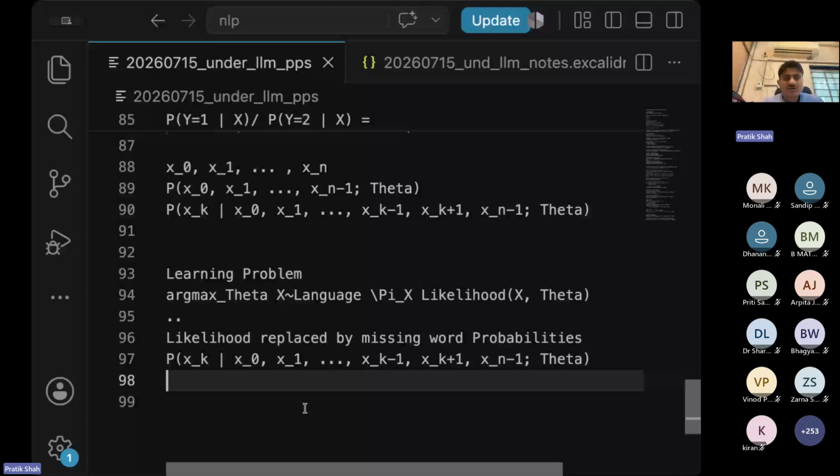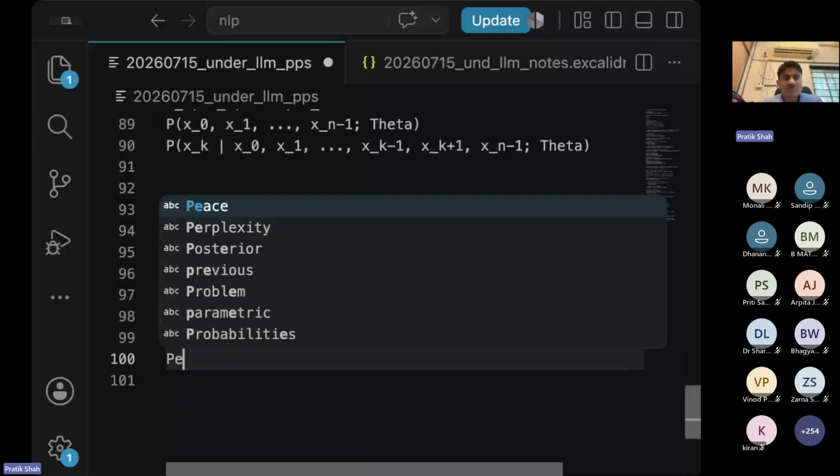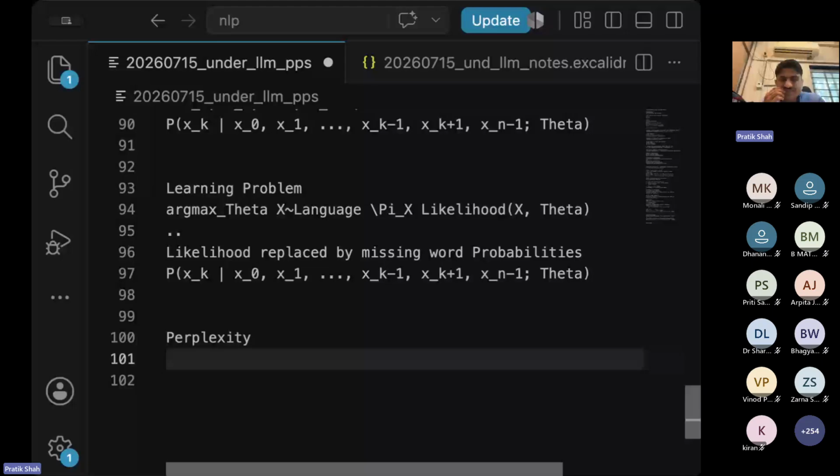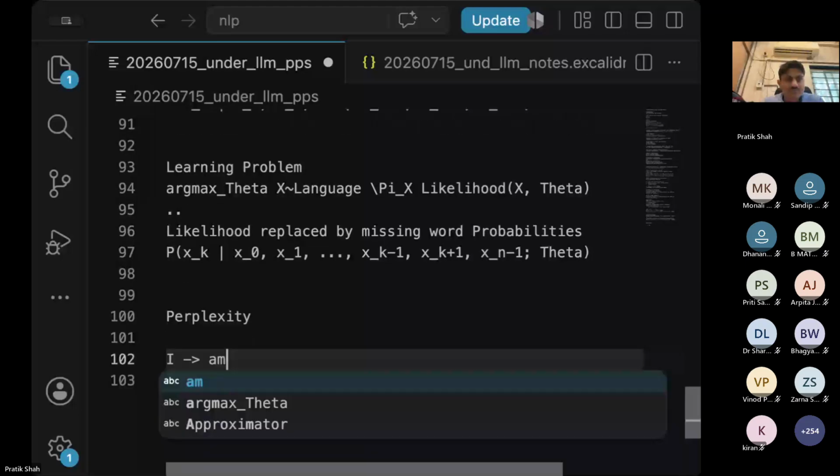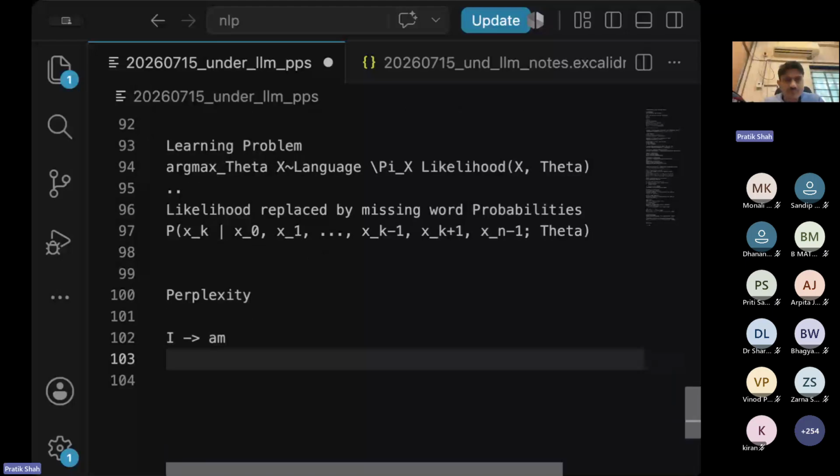Now there is another interesting parameter called perplexity. Now what is perplexity? So if I start from a word like A, where all can I go? M. Any other possibility? Suggest a possibility.